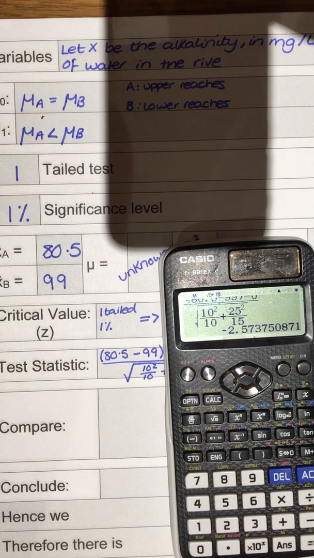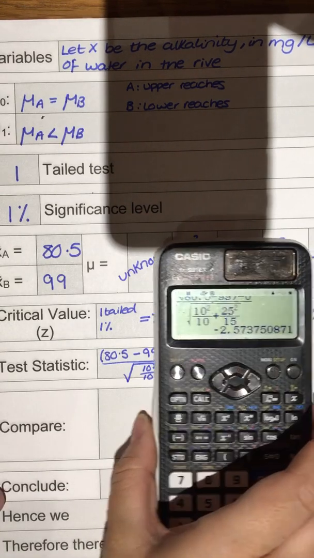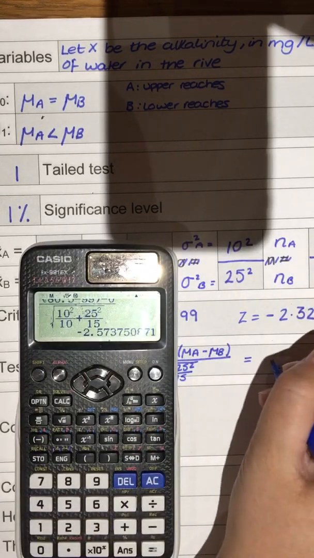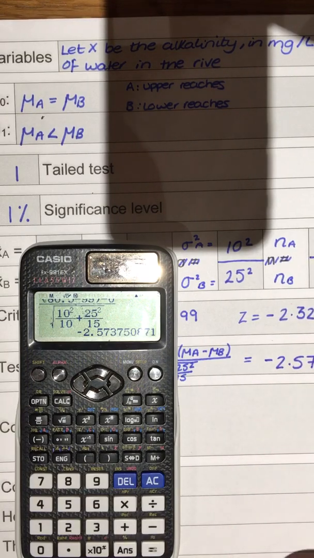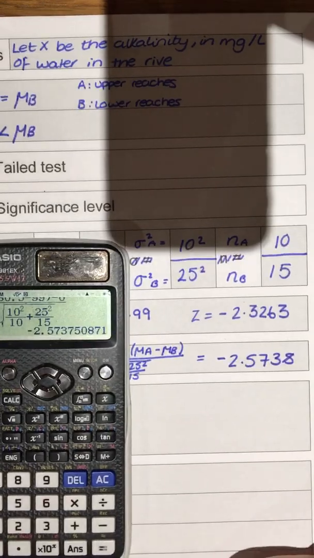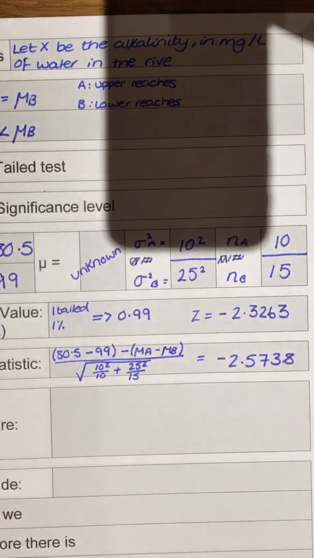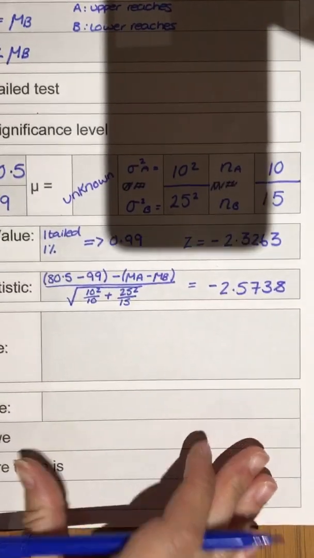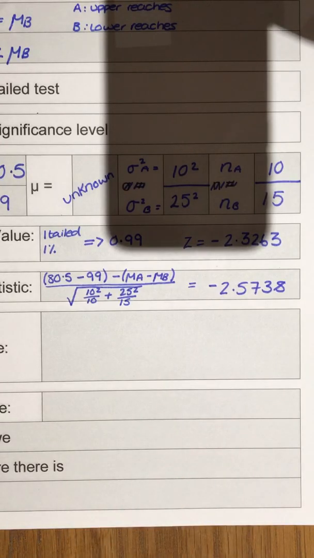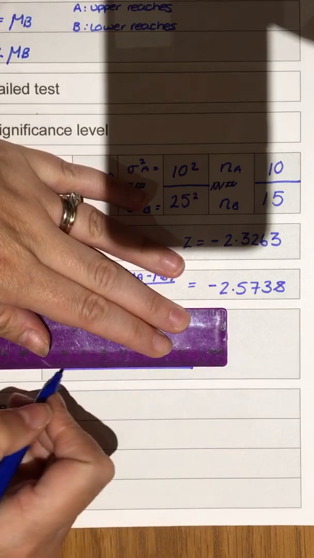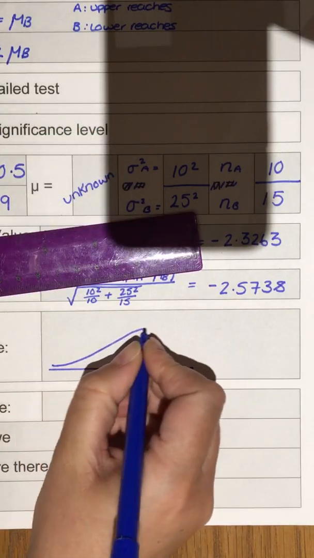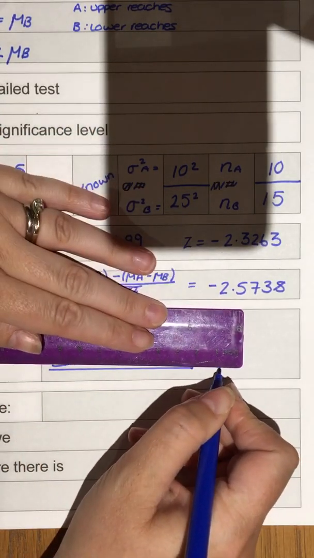Check you can get that answer. If you can't get that answer, you get a different one, you need to go back and try it again. So you should be getting for that answer negative 2.573, and then if I round it, 8. Okay, please check you're getting that. Now, my compare, I'm loving your normal distributions. They're really good, really accurate, and getting you the right answers just shows how important it is to draw those normal distributions.